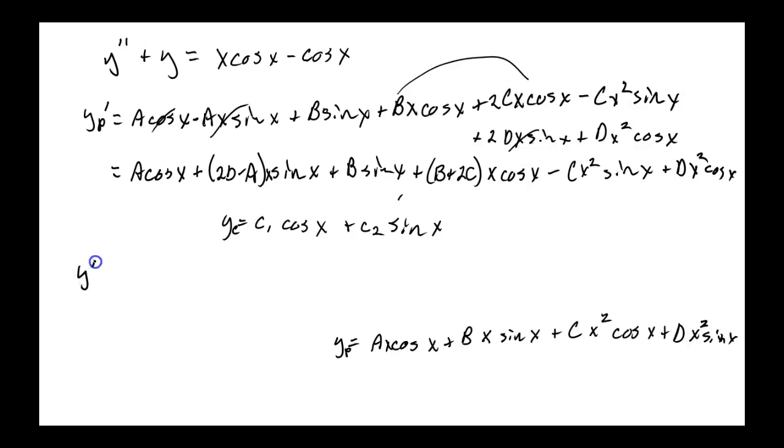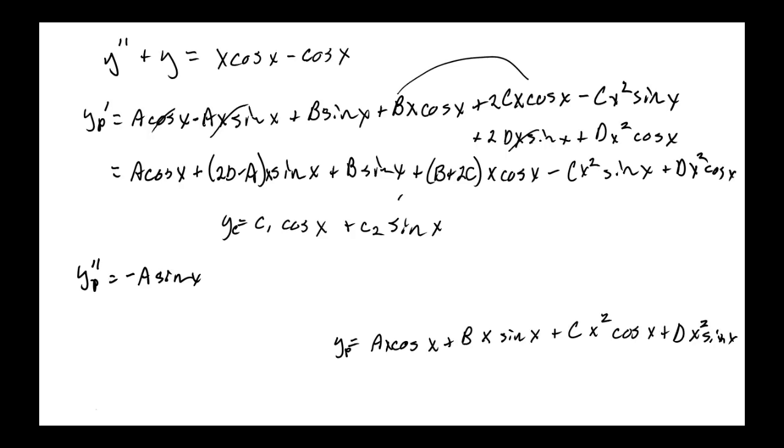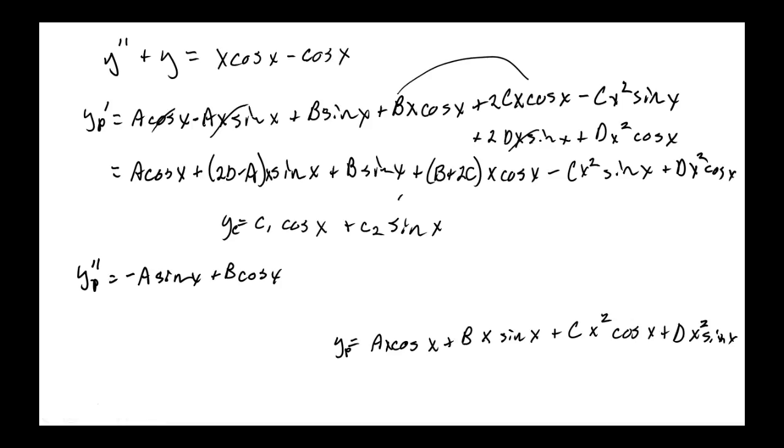Let's do y double prime, yp double prime. Well, this is going to be a minus a sine x. Let me go on and get this one with it. Plus b cosine x. Now this is going to have two terms with it.